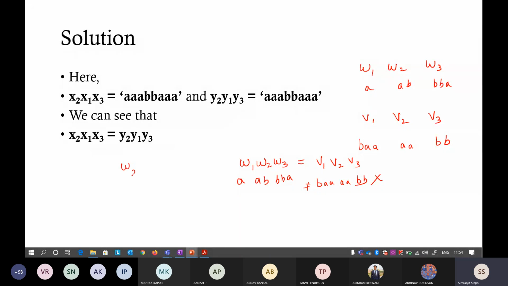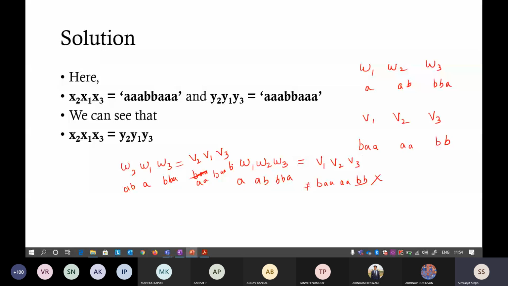Try another step: W2, W1, W3 should be equal to 2 1 3. Again I write the same thing here, 2 1 and 3. W2 is AB, W1 is A, and W3 is BBA, and for V, V2 is AA, V1 is BAA, and V3 is BB.